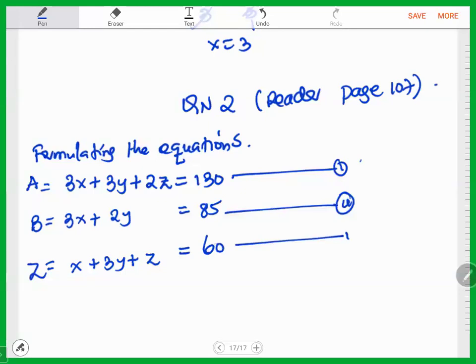Then we go through the same process to ensure that we actually get our x, y, and z. Now, when you look at these 3 equations, ideally these are very easy because you can see in process B, we don't have z. In this case, it is very easy because process B only has 2 different variables.